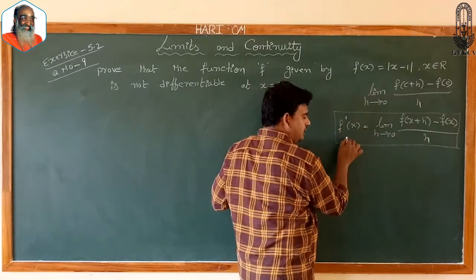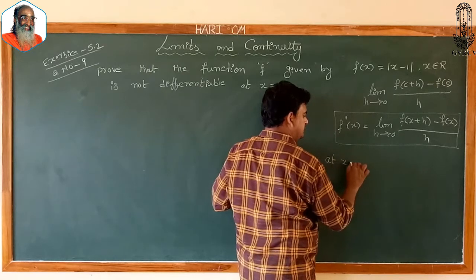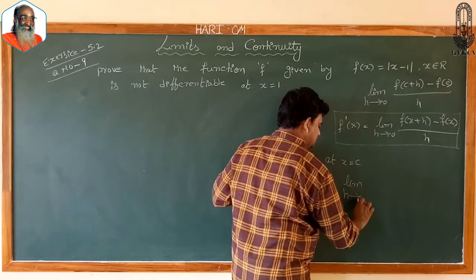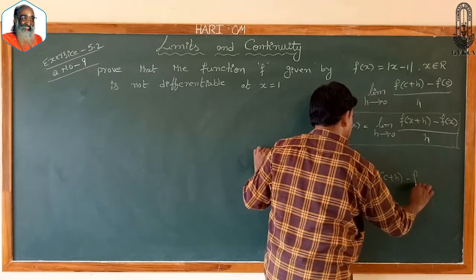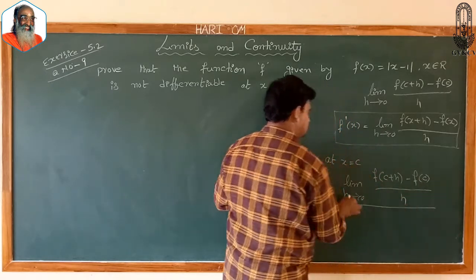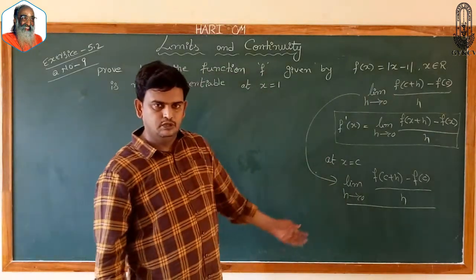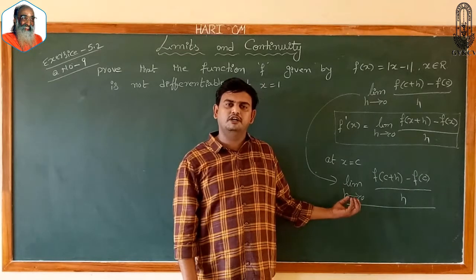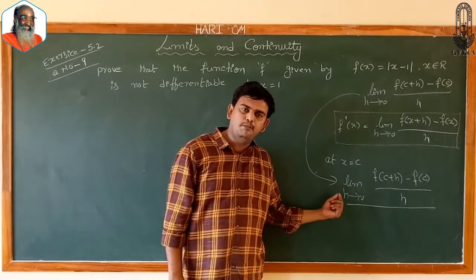Now here I want f dash at x is equal to c, so we have limit h tends to 0, f of c plus h minus f of c by h. This is the formula for us. This is the first principle of derivative, the derivative of the function f at the point x is equal to c.